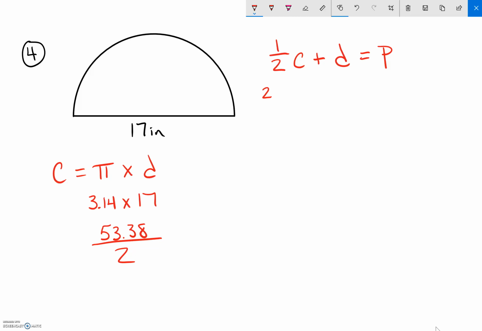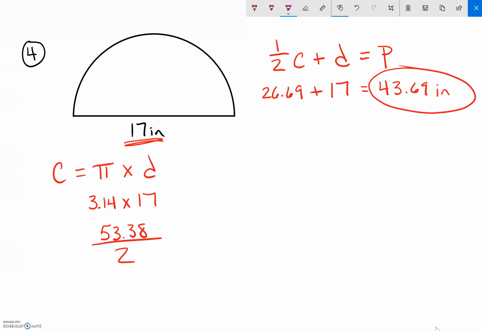Half of the circumference is 26.69 plus the diameter, which is 17, is going to give us the perimeter. 43.69 is the perimeter. 26.69 inches here as half of this circumference, and the other 17 inches here would give us the full perimeter.